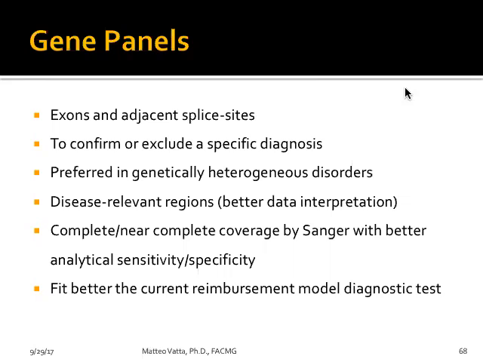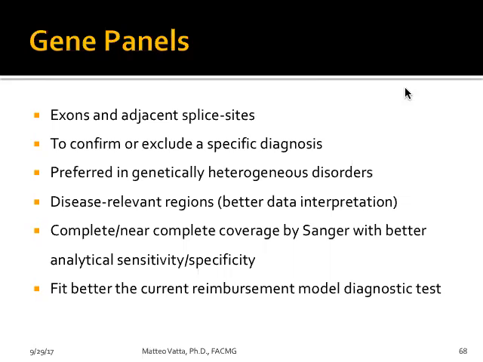Just to give you an example, if you have a patient with an aortic dissection, the cause is not always fibrillin 1 for Marfan syndrome. There are other diseases like Loeys-Dietz or vascular Ehlers-Danlos, which can present with aortic dilation or dissection.